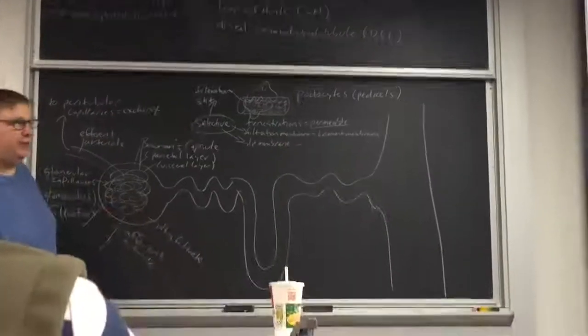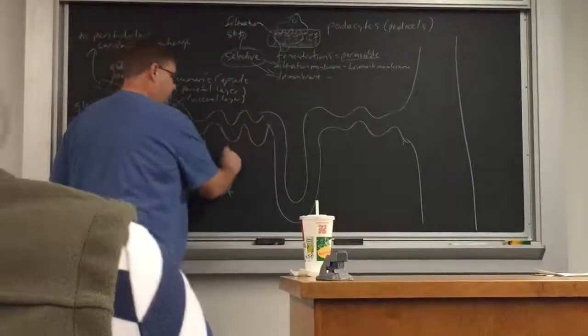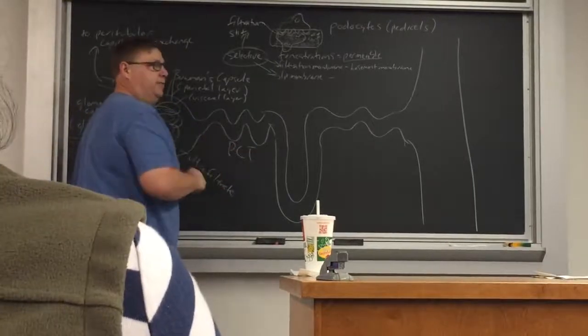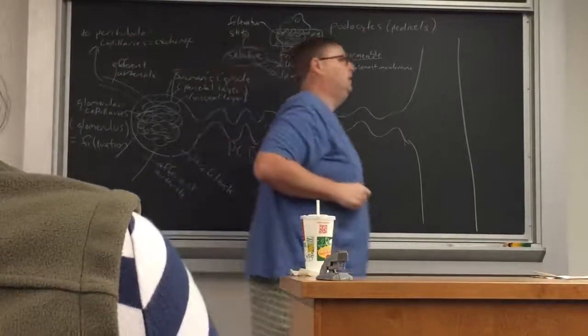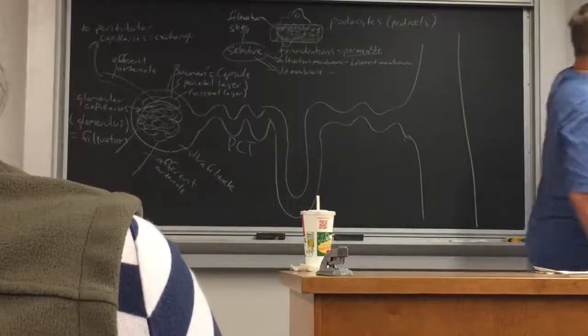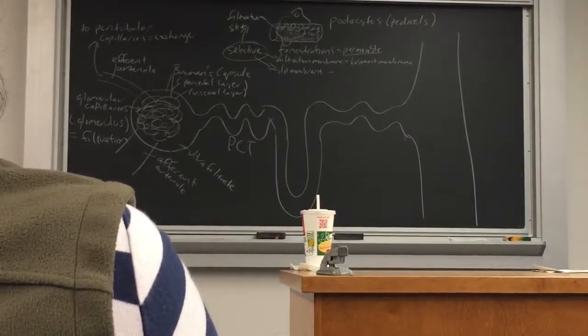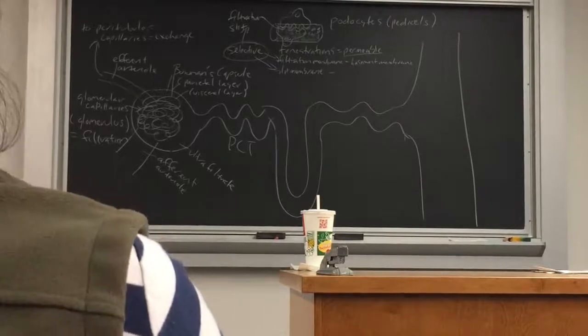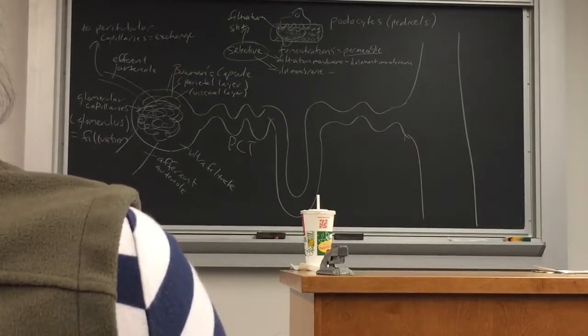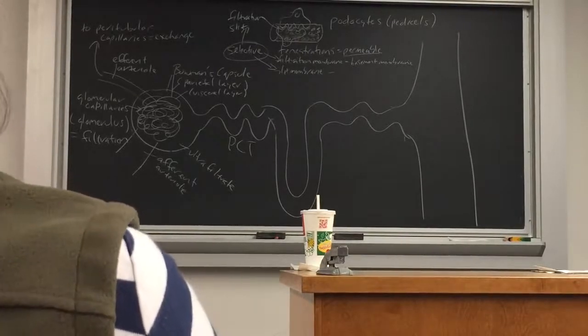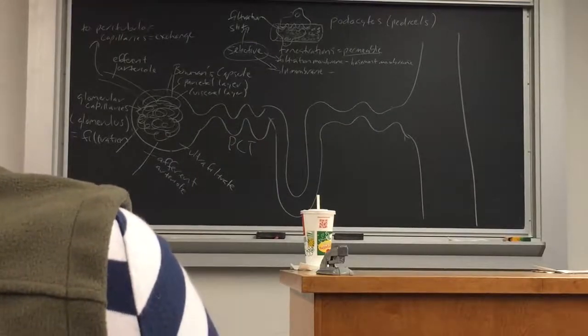So obviously, this first zigzag stuff right here is called the PCT, proximal convoluted tubule. Obviously, here they've shortened this considerably, but it's much more zigzaggy than even this. But that's the initial one, and it goes down to the loop of Henle and then comes back.